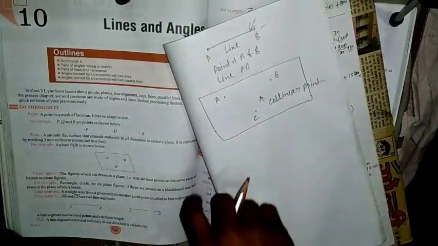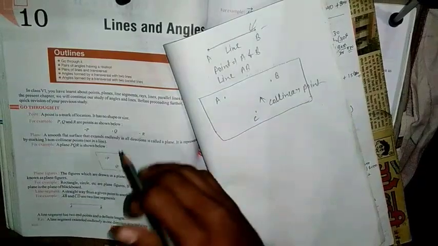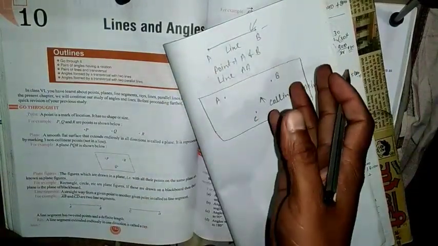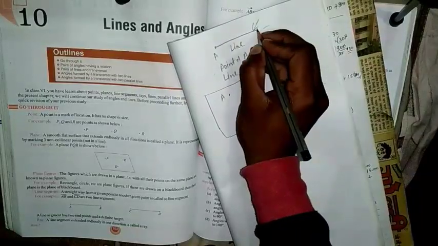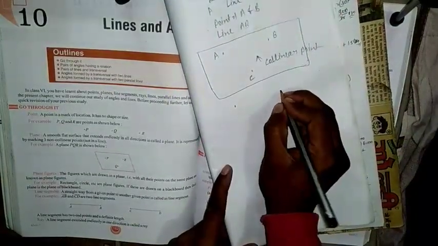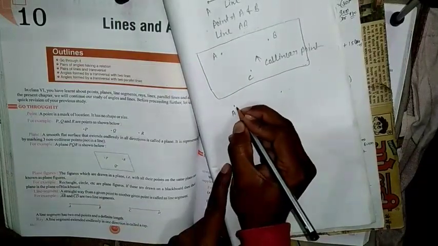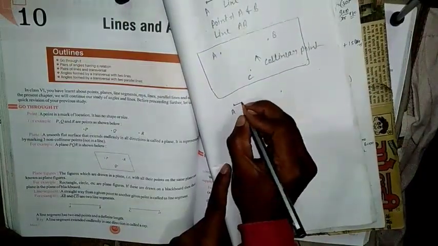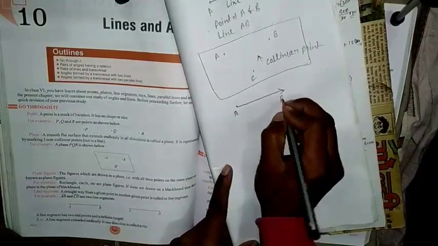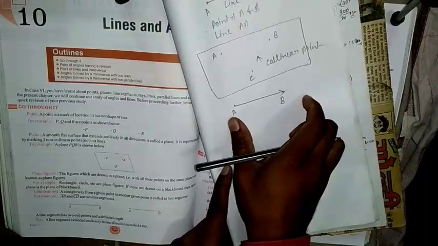Then comes the ray. What is the difference between a ray and a line? A line has no direction, but a ray has a given direction. Suppose we draw the line in the direction from A to B with an arrow; this is known as a ray.